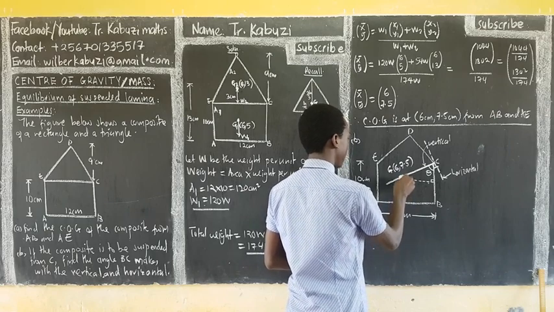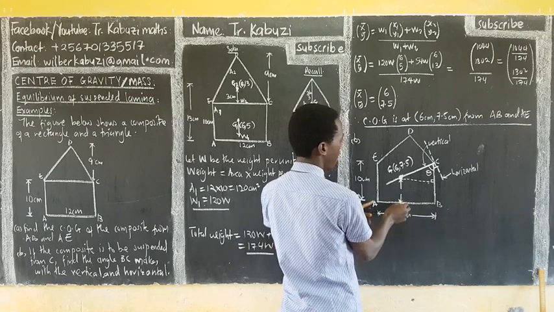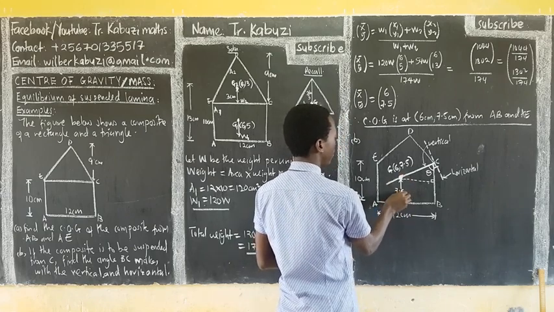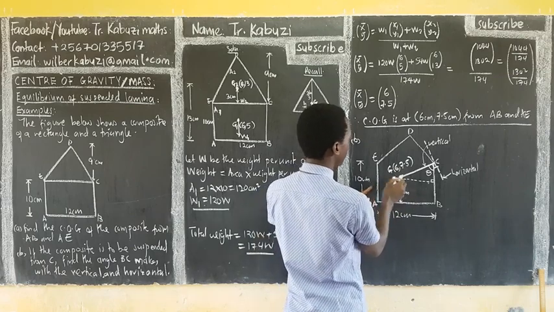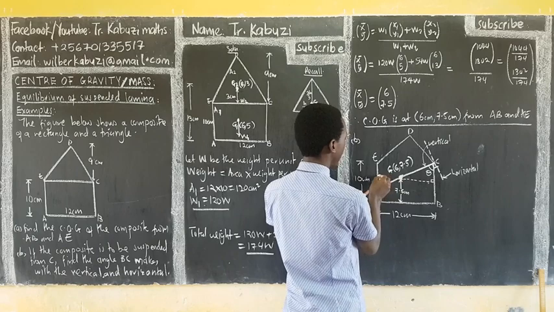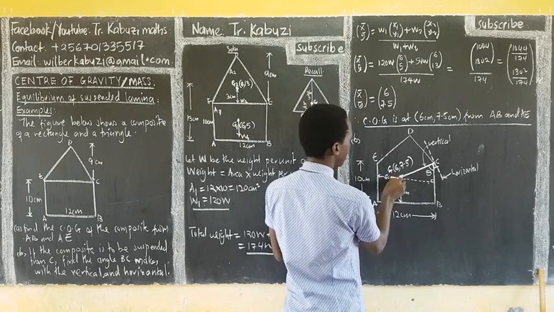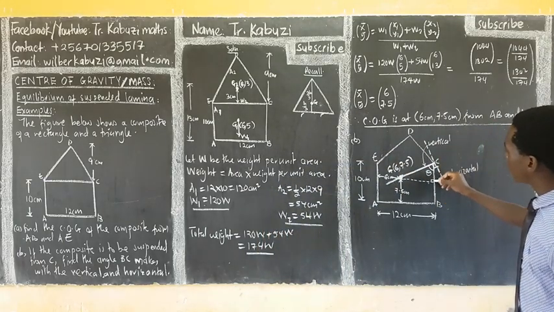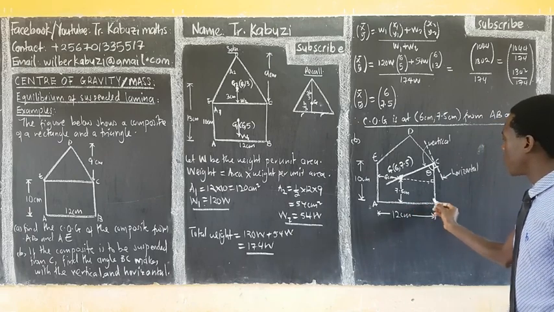From AB up to here, the vertical distance is 7.5 centimeters. Then from here up to here, the distance is 6 centimeters. So if we want the remaining distance, we can calculate it.